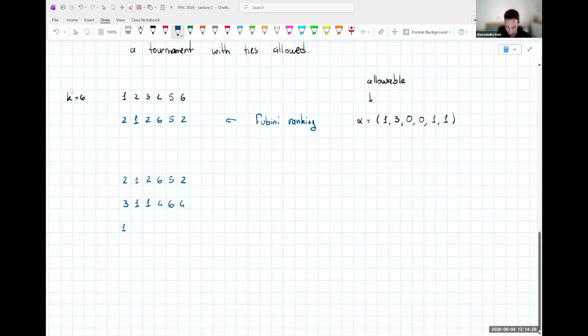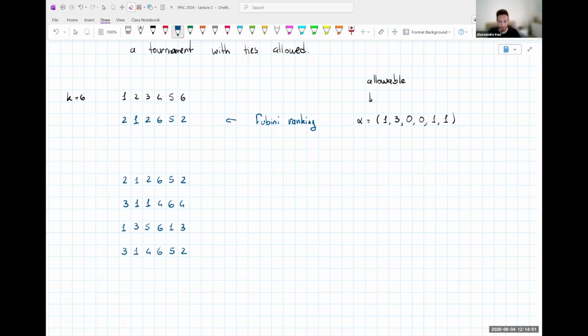We can write another one, with 1, 1, 3 here, 3 here, and 5 and 6. It's also possible. Or an example where they can all rank differently, and that's also fun.